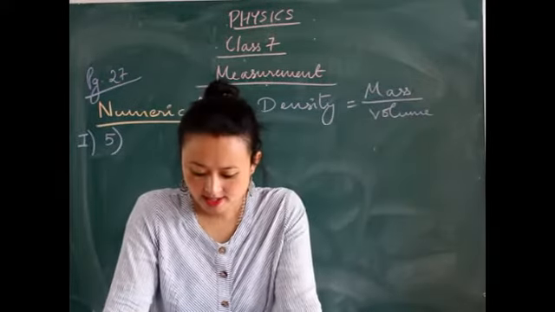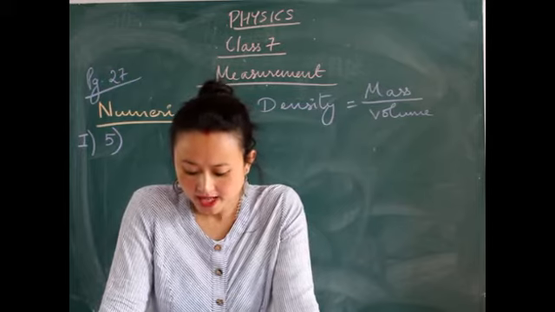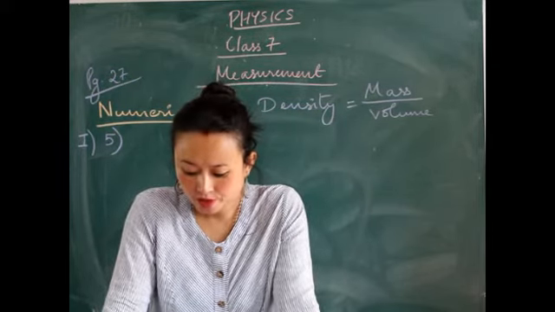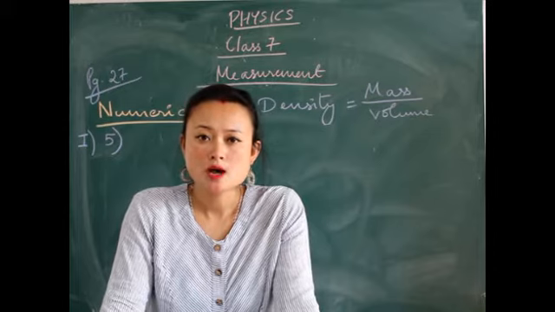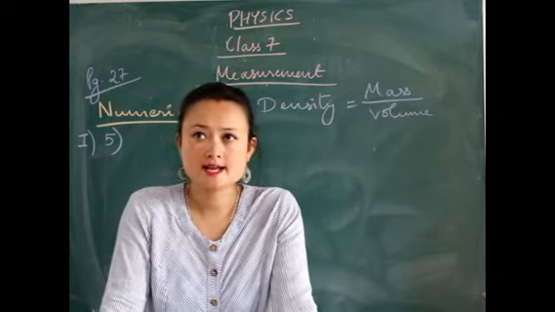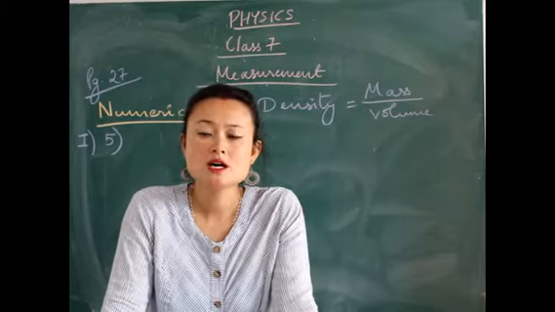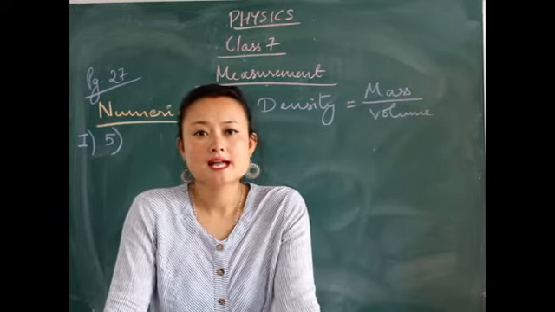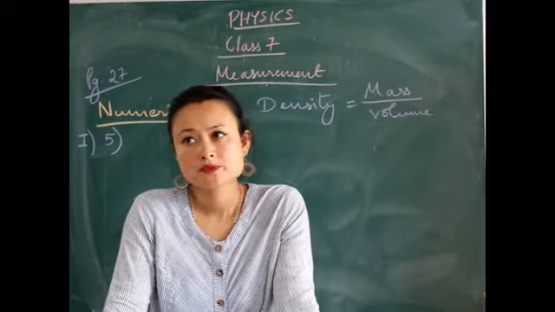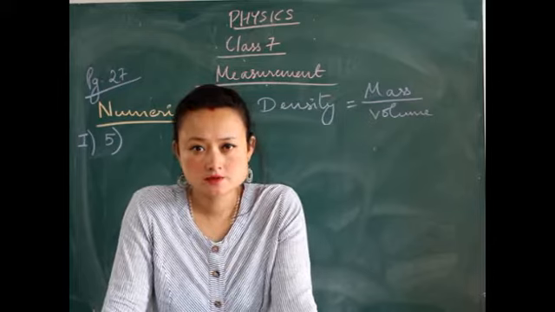An object has volume 3 cubic meter and density 6000 kilogram per cubic meter. What is its mass? In the last class we did how to calculate density when mass and volume are given. Today we will be calculating mass or volume when density and volume, or density and mass, are given.